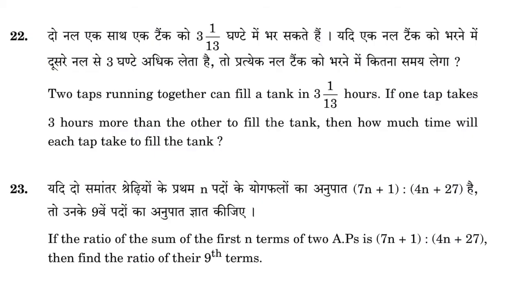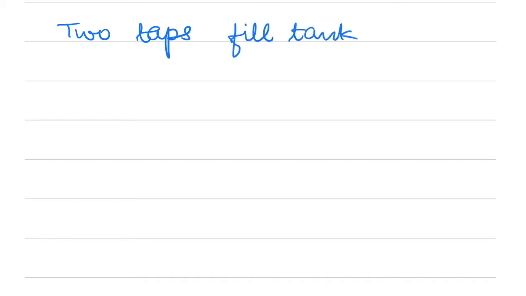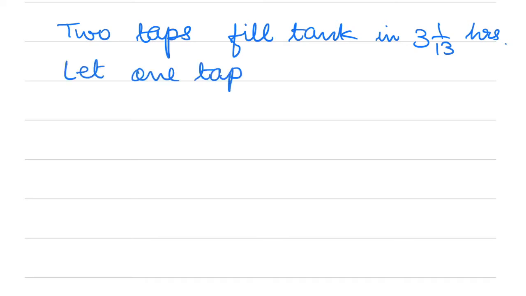22nd question. In this question we have two taps which fill the tank in 1 by 13 hours, and one tap takes 3 hours more than the other tap. Let one tap fill the tank in x hours.